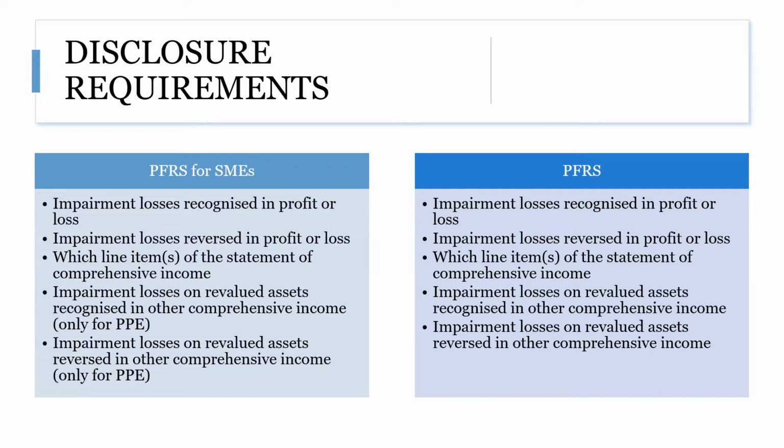For PFRS for SMEs, impairment losses on revalued assets are recognized in other comprehensive income only for PPE, because for other assets we have no revaluation. For full PFRS, it is the same for all, just that all assets can be carried at a revalued amount.